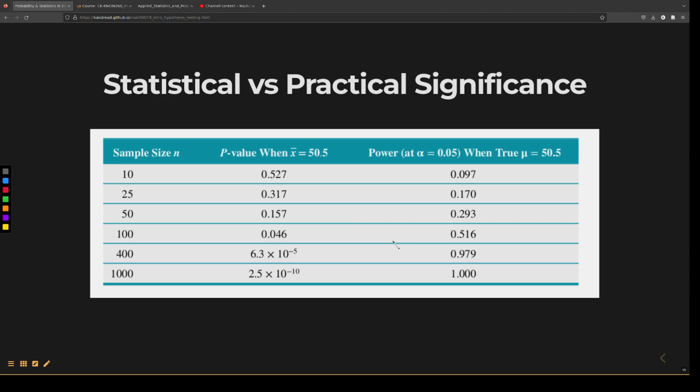It becomes 0.046, and if we go even further down, we're getting some extremely low numbers. But what that does, and you can see here hopefully the relationship between all those different concepts that we just talked about in this lecture, is that when the power of the test changes, the p-value changes.